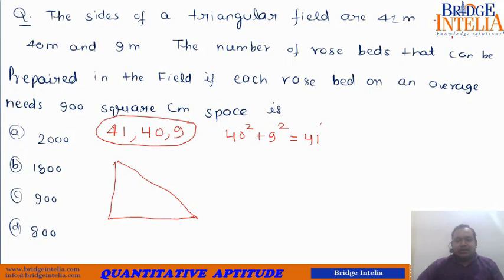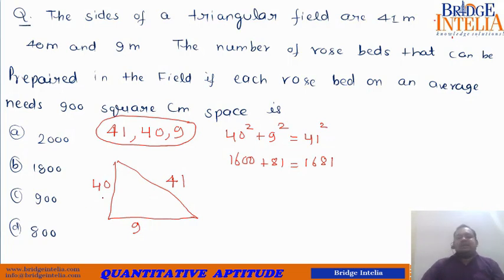You can verify this: 1600 plus 81 is actually equal to 41 square. So this was simply a ploy to convey that the triangle being talked about is a right angle triangle.